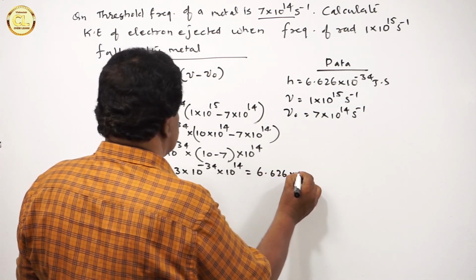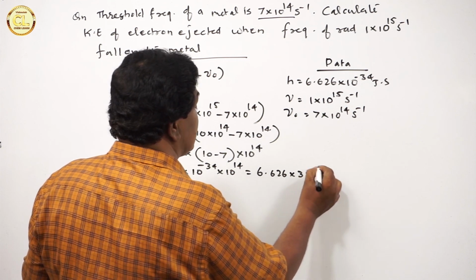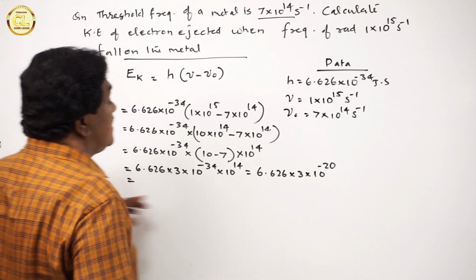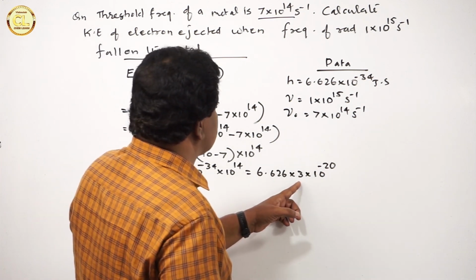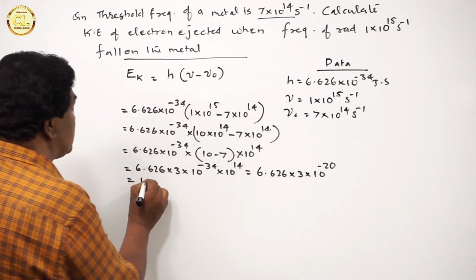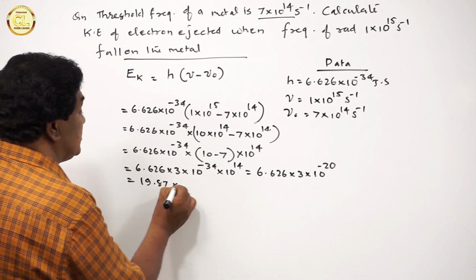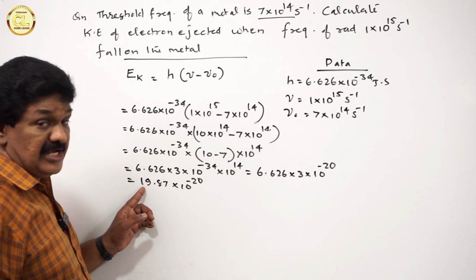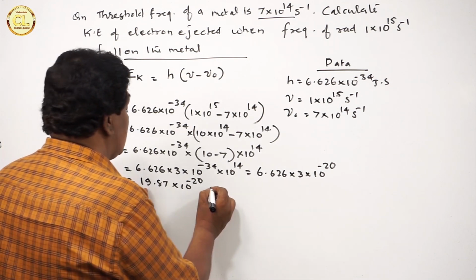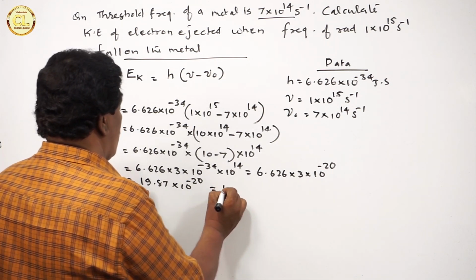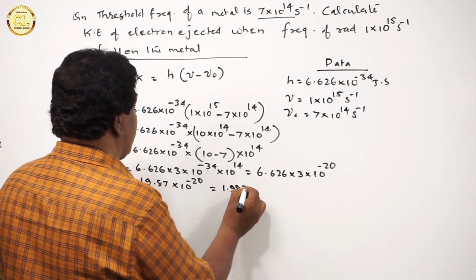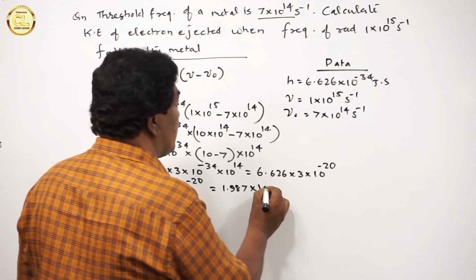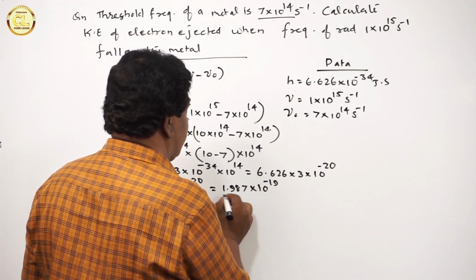That is 6.626 into 3 into 10 raised to minus 20. 6.626 into 3 is equal to 19.887 into 10 raised to minus 20. Converting it into scientific notation, we get 1.987 into 10 raised to minus 19.